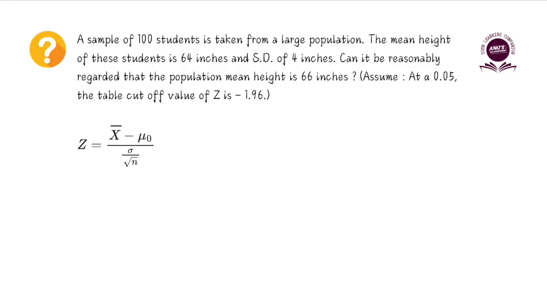So the first question is like this. We are given a sample of 100 students from a large population of students, and the mean height of these 100 students is told to be 64 inches. So take note here, we are given the sample mean. Sample mean is how much? 64 inches. This is the sample mean.